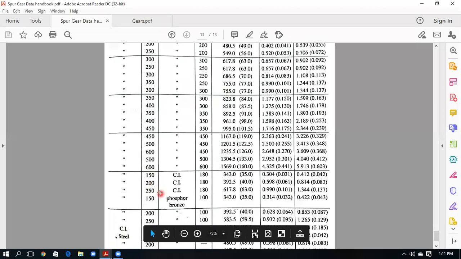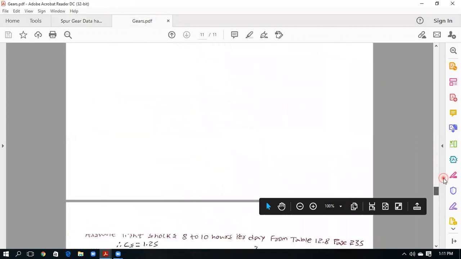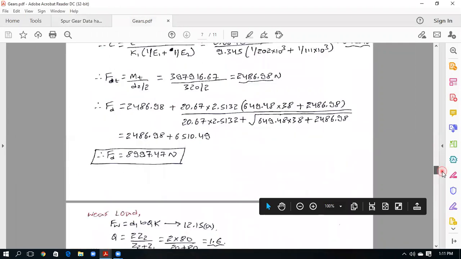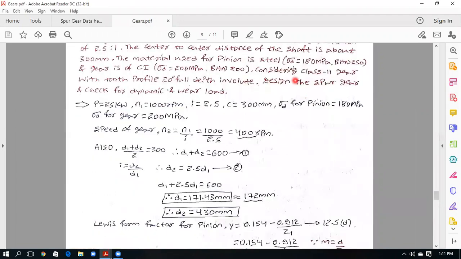They have mentioned the hardness number for the pinion as 250. Otherwise I will show the statement. You can see that. Yes, here you can see that the Brinell hardness number for the pinion is 250. For cast iron it is 200.